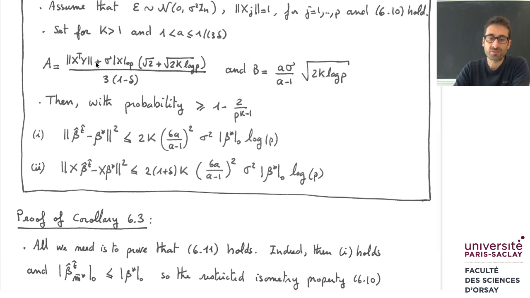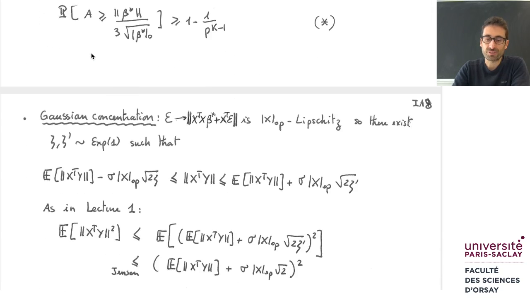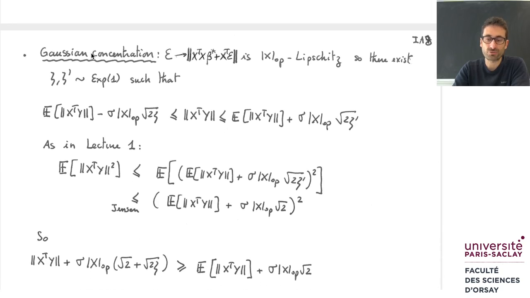this is non-random. The only thing which is random is this quantity that we use in order to estimate the norm of beta star. So in order to get a probabilistic lower bound on this quantity, what we need to use is, as usual, concentration inequalities, and in particular, Gaussian concentration inequalities.